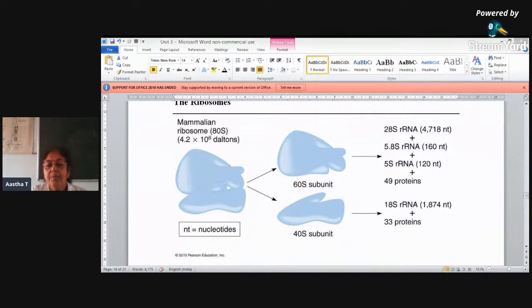The 40S subunit of the ribosome is made up of 18S rRNA and 33 proteins. 18S rRNA is made up of 1874 nucleotides. So this is the basic structure of a mammalian ribosome.